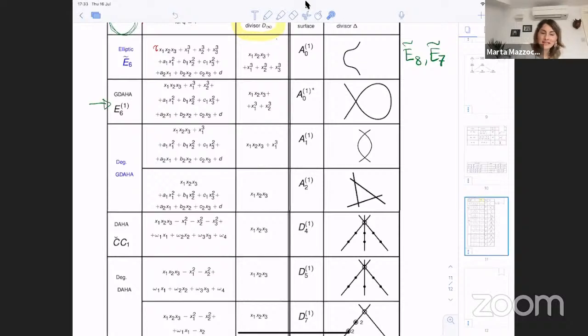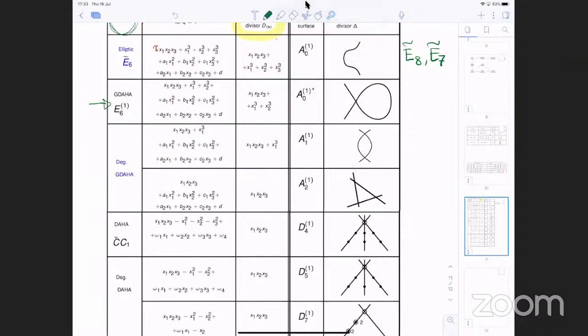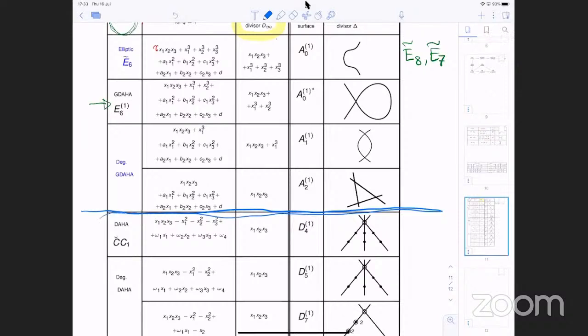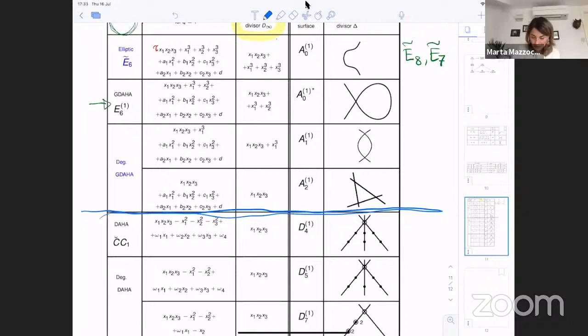It's a little bit less straightforward. So for the first part of the table, that's definitely the case. Right. Until sort of here. Then it becomes more complicated, because everything's very singular. The way in which we associated this column of Halphen divisors is by using a result of Sakai.